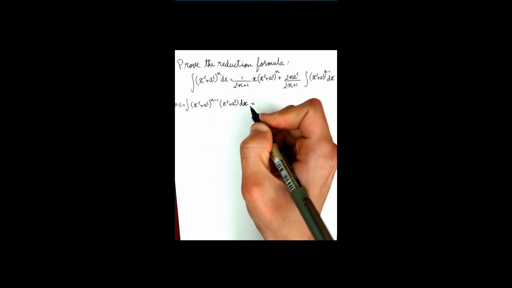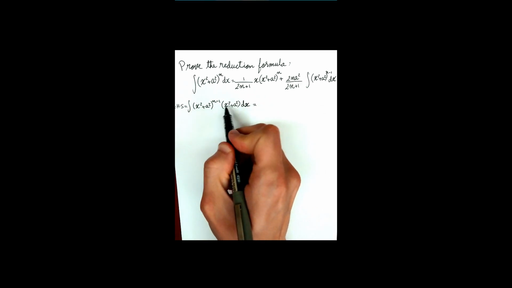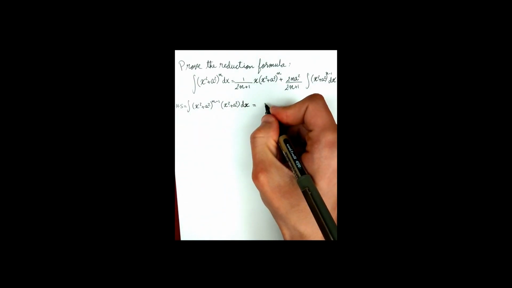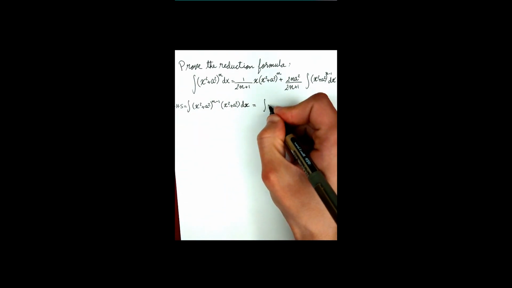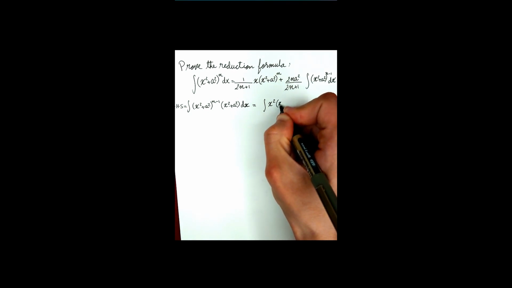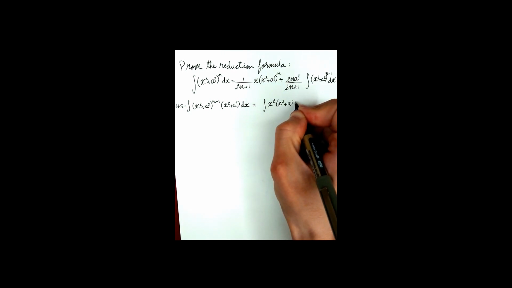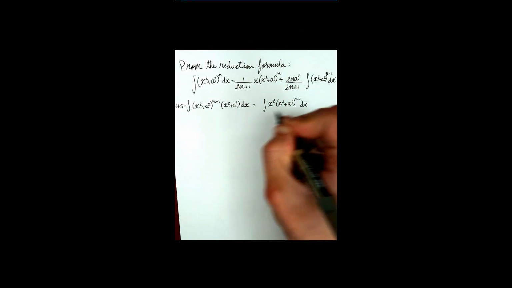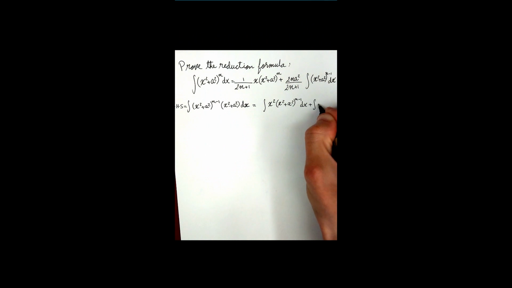So you can distribute this bracket, so you will get the integration of x square times x square plus a square power n minus 1 dx plus the integration of a square times the bracket x square plus a square power n minus 1 dx.